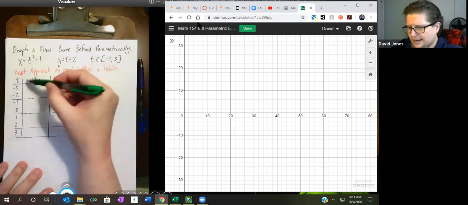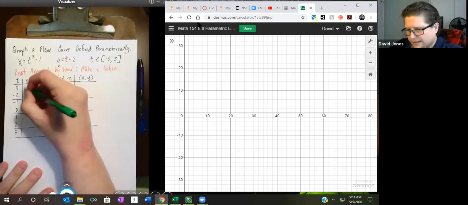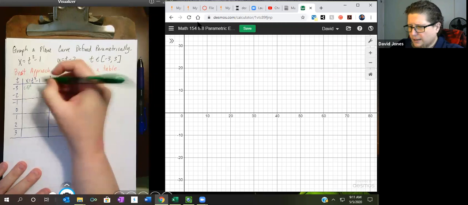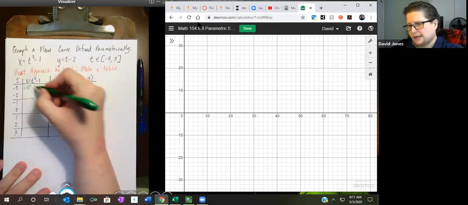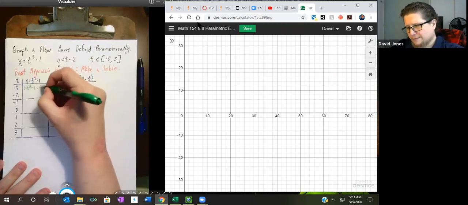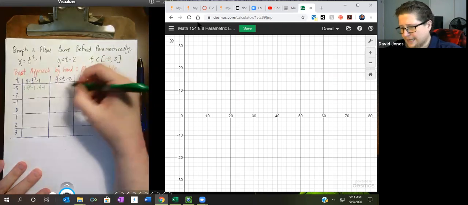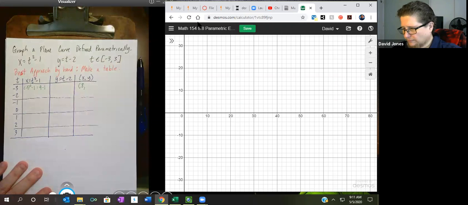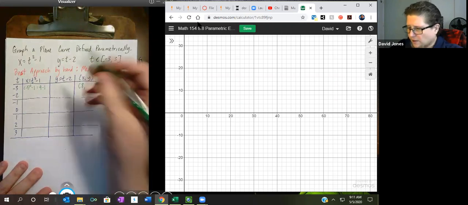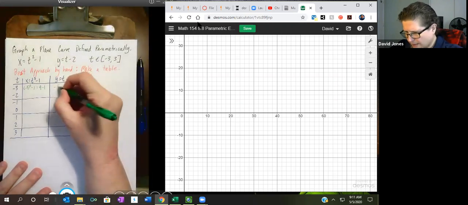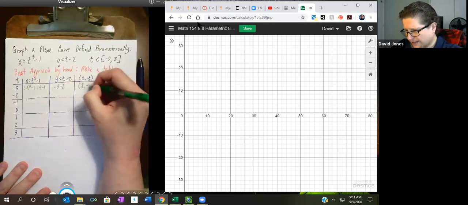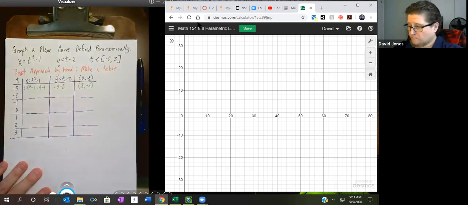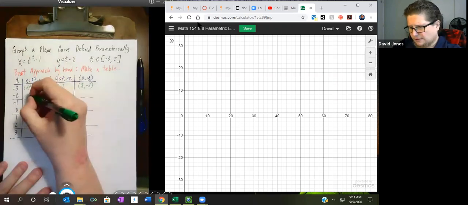Let's plug in -3 to each of these. -3 squared minus 1 is 9 minus 1, which is 8. So my x component is going to be 8. -3 minus 2 is just -5. Then we'll plug in -2.